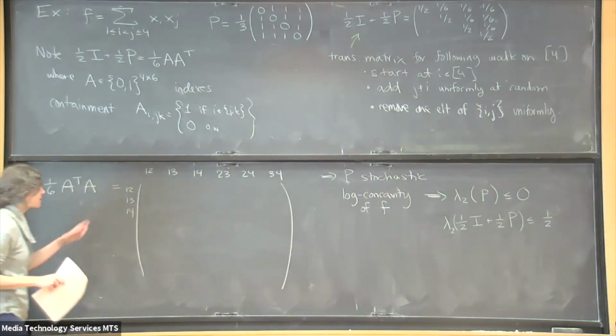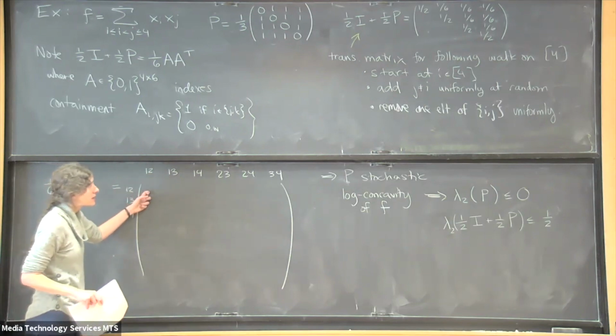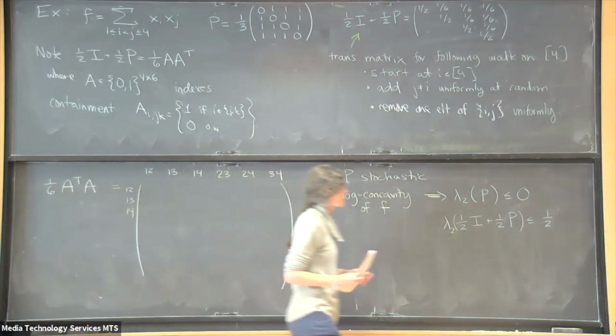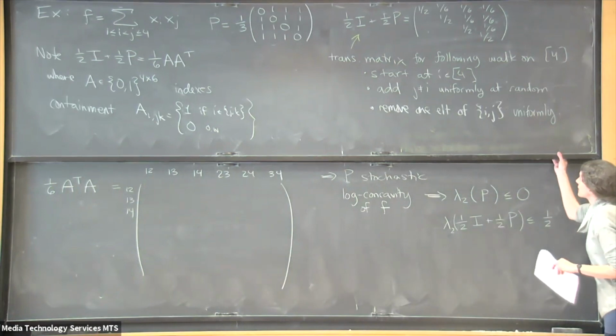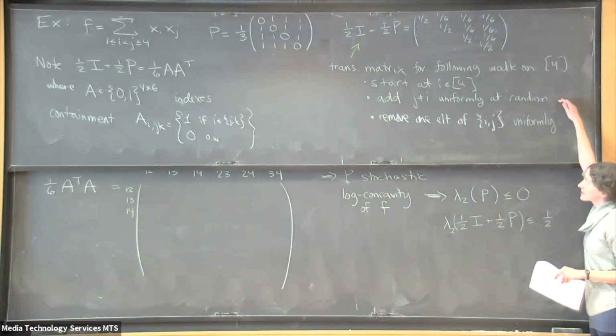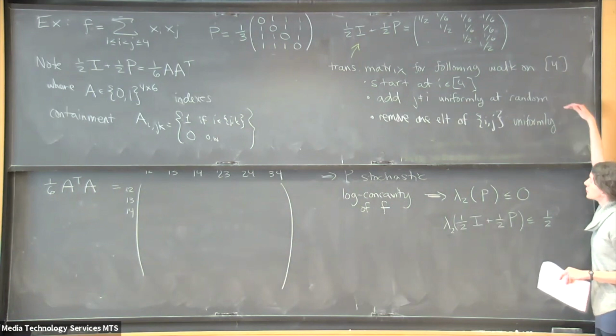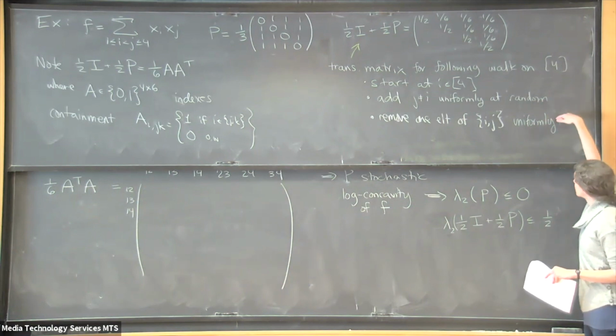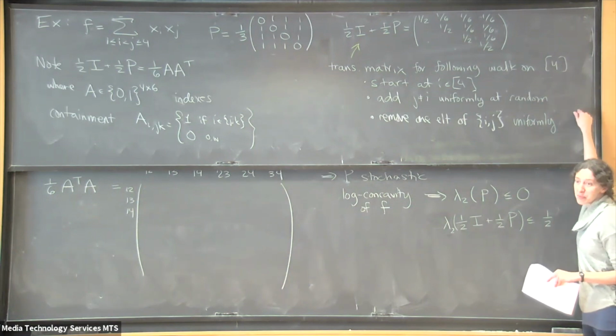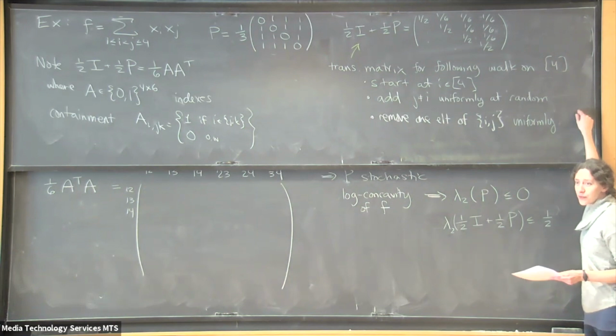And the transition probabilities are what I would get doing this in the opposite order: start at a subset of size 2, remove one element uniformly at random, and then from that singleton add something back uniformly.